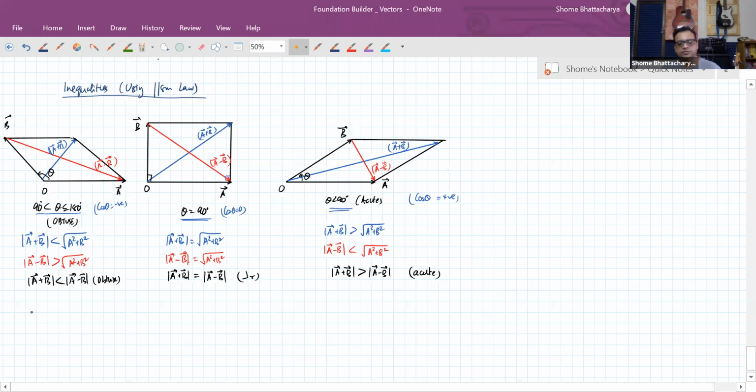So for example, if you have a question like this, that magnitude of A is 12, magnitude of B is 16, and theta is greater than 90 degrees, the angle between them. Okay. Then which of these is true?